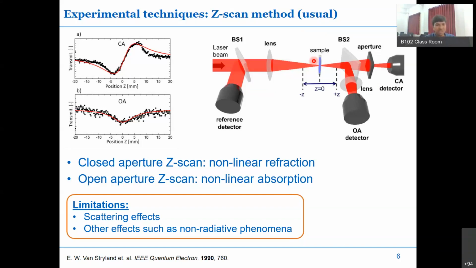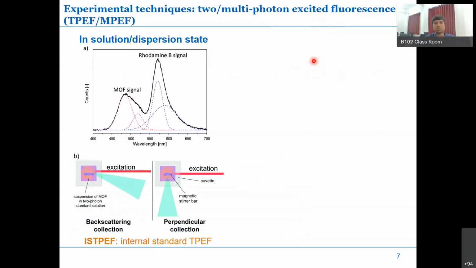Since this is not very well applicable to us, we had to design and fabricate new methodologies and new systems to calibrate our multiphoton cross sections. In such cases, instead of transmittance, we started using the fluorescence mechanism.